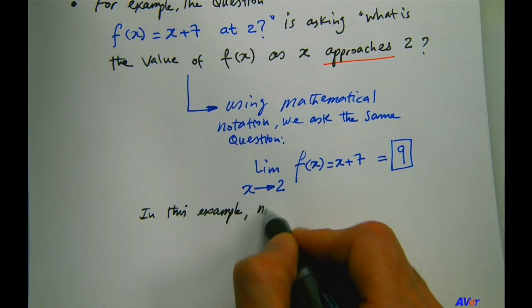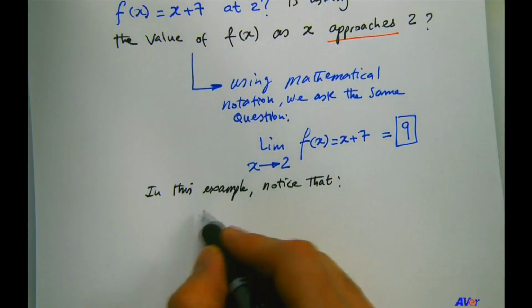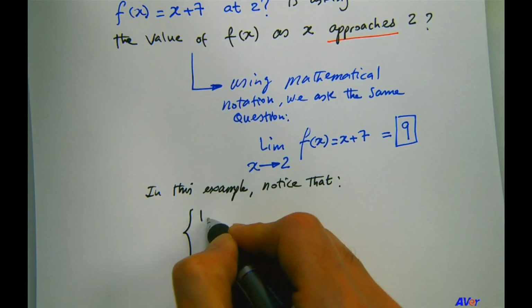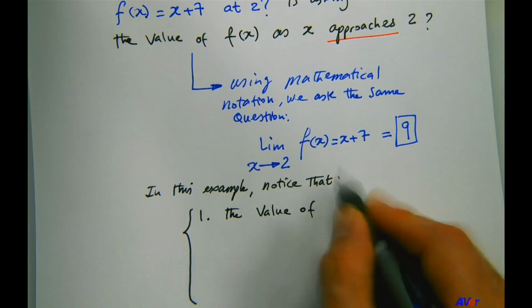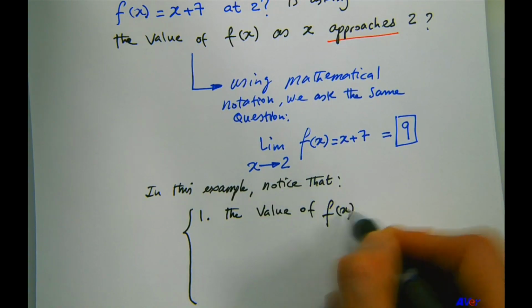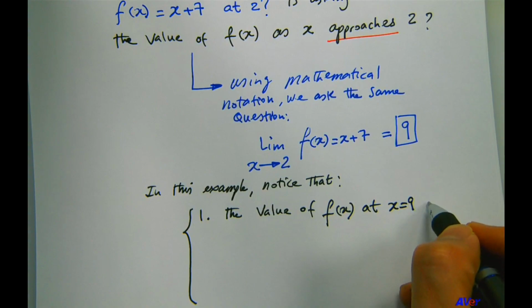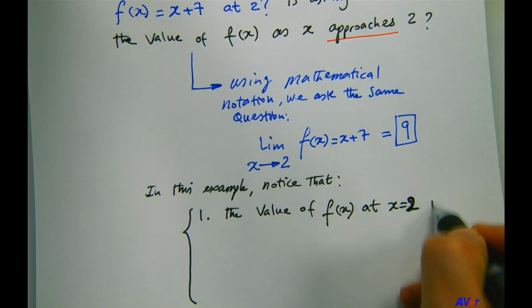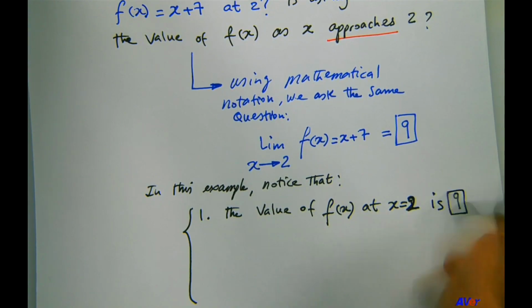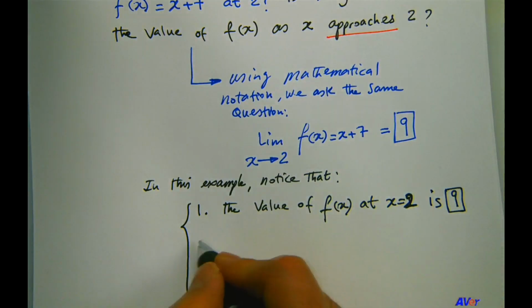In this example, notice these three things. One, the value of the function f of x at x equals 2 is 9. So that function at x equals 2 does have a certain value. That's the first thing we notice.